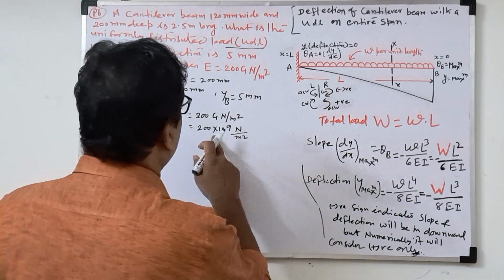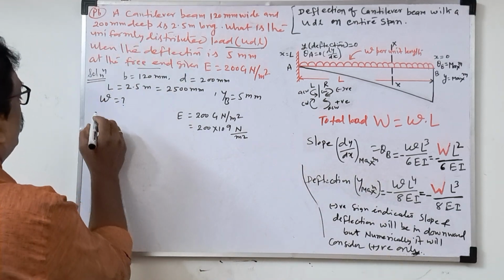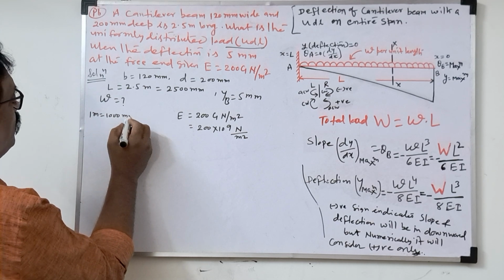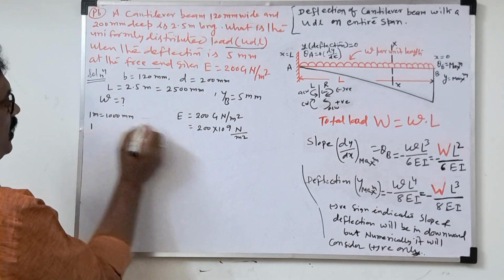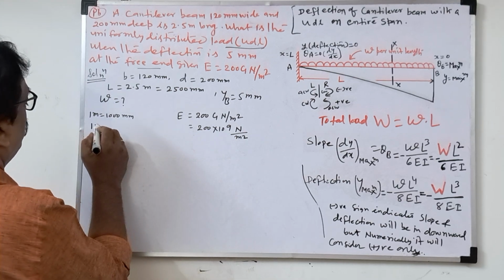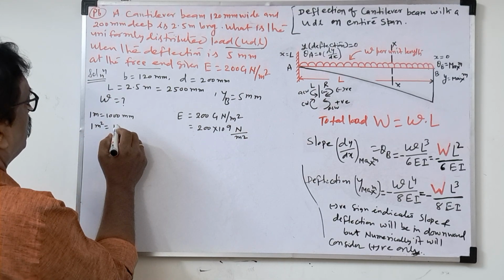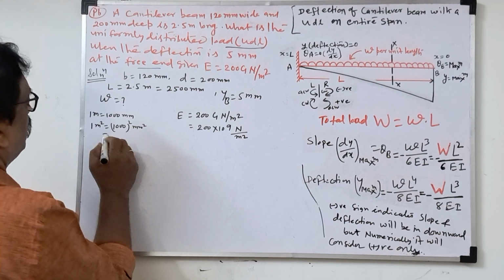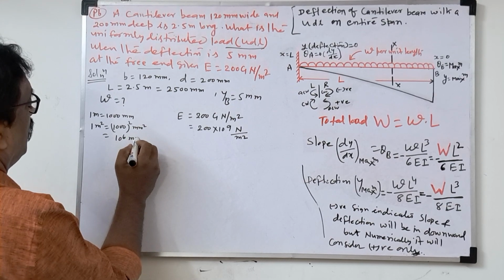Now, if we convert into mm, what do we do? We know that 1 meter is equal to 1000 mm, so 1 meter square is equal to 1000 mm square, which is 10 power 6 mm square.